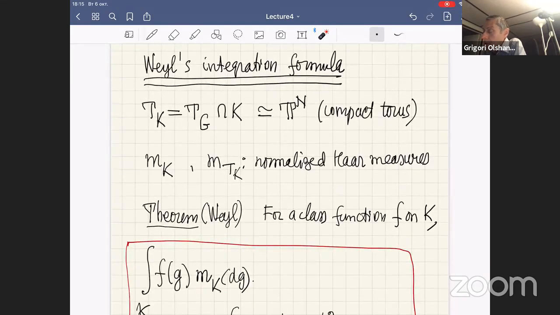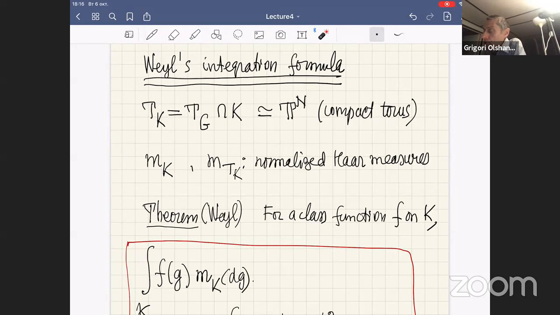Now, a very important classical result, in some sense. I would just like to formulate it. So we take the compact torus. I repeat again, it is the intersection of a complex torus with our compact form. We get this object, the compact torus, the product of unit circles.